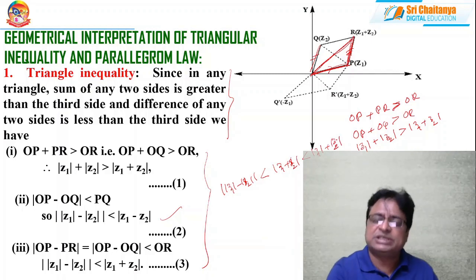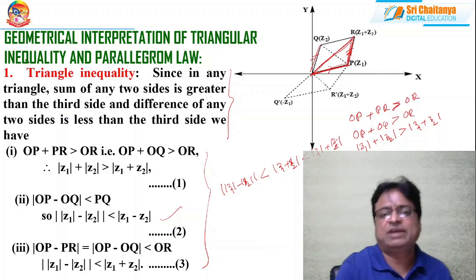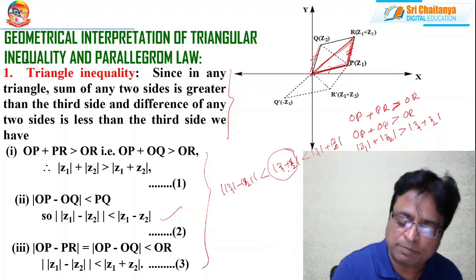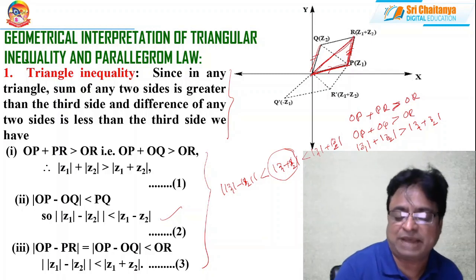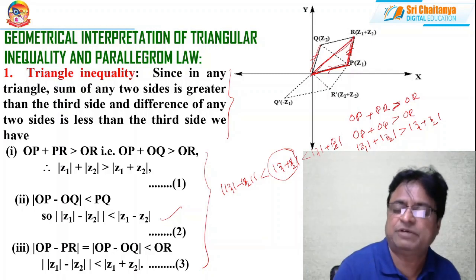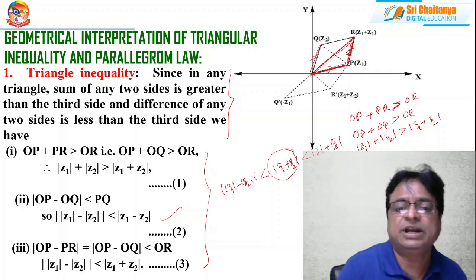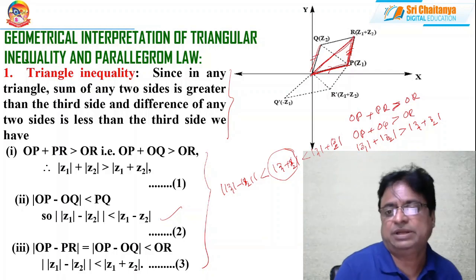Clear? So this is the way to prove the triangular inequality, and with the help of this, the maximum value of the magnitude of the sum of two complex numbers is always less than or equal to the sum of their individual magnitudes respectively.